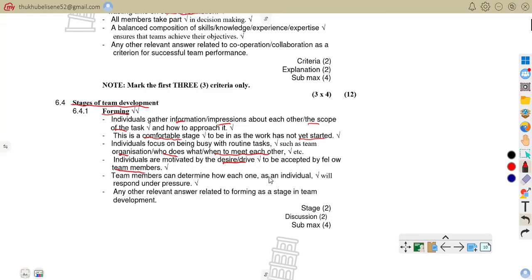So they're motivated by being welcomed. So team members can determine how each one as an individual will respond under pressure. So that is the forming stage, whereby it's the first meeting, where we are welcoming other new members, new recruits. So there is not much in that stage. That is why we call it a comfortable stage.